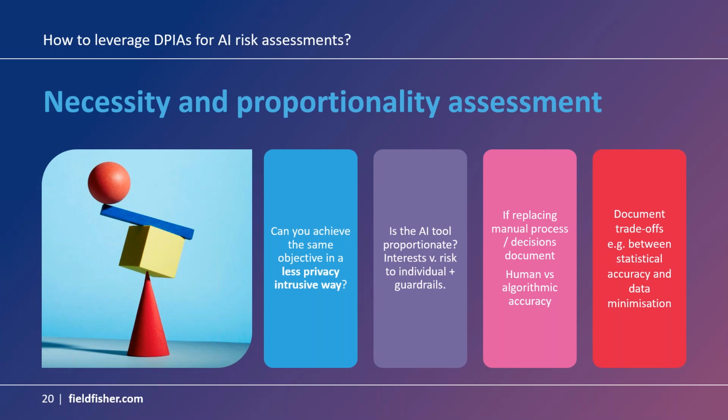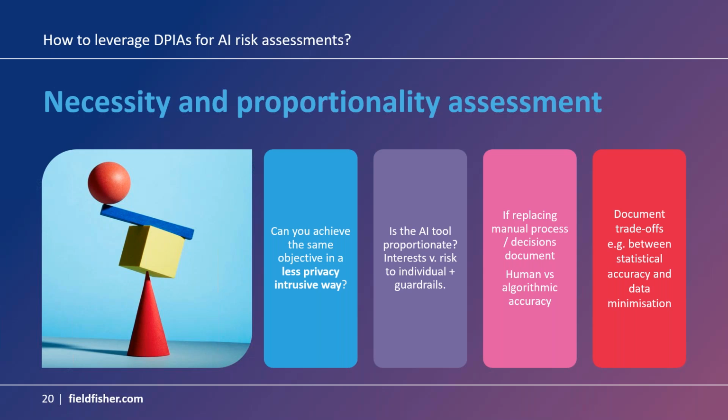On the flip side, and we see the pink column now, if replacing a manual process, decision documentation and human versus algorithmic accuracy are other things to be taken into account. If the system will complement or replace human decision making, you might include a comparison of human versus algorithmic accuracy side by side to better justify the use of AI, for instance.